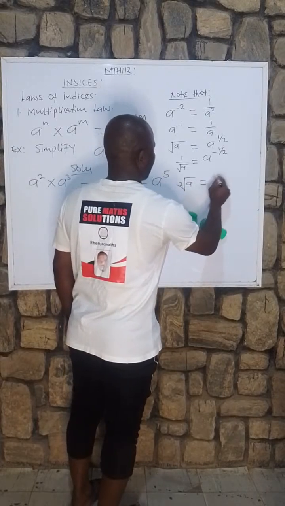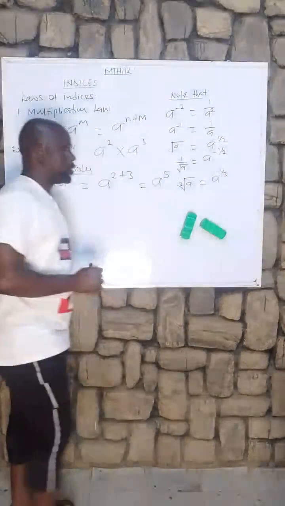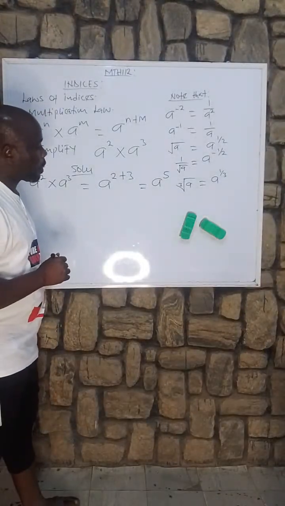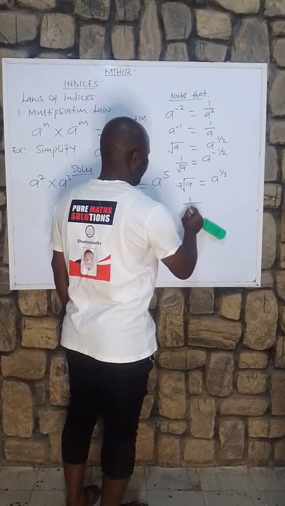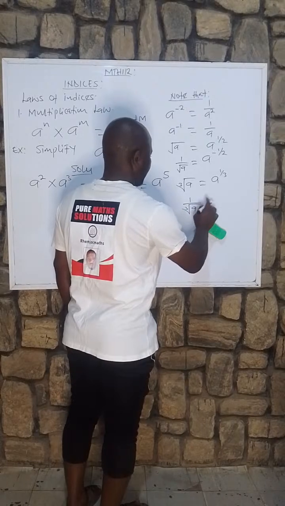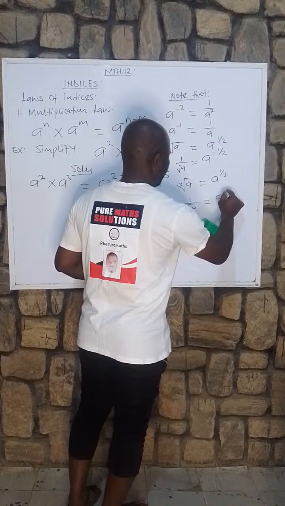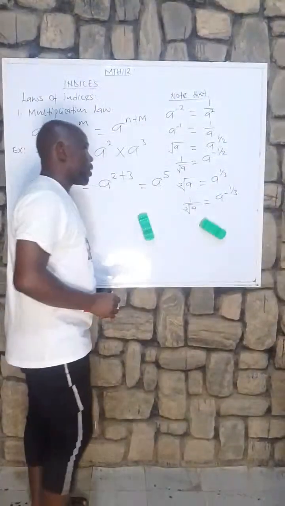This is the same thing as a raised to the power of 1 all over 3. Is that clear? It's very important. Then, assuming we have 1 all over cube root of a, this is the same thing as a raised to the power of minus 1 all over 3. Take note.